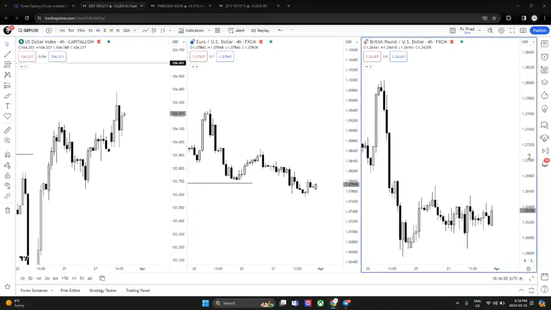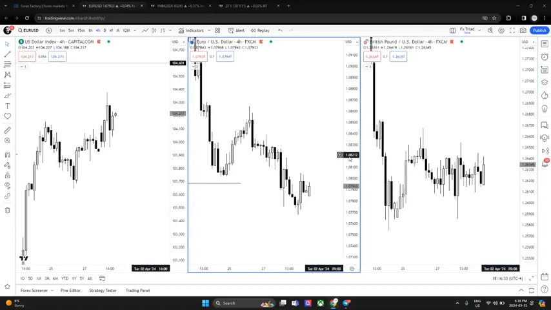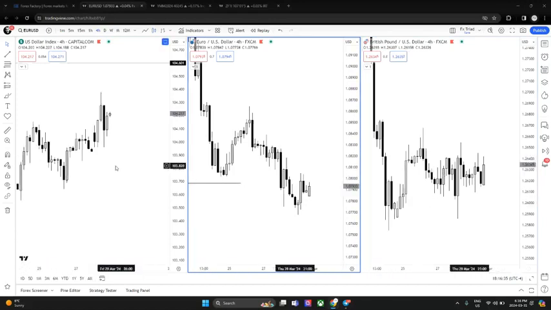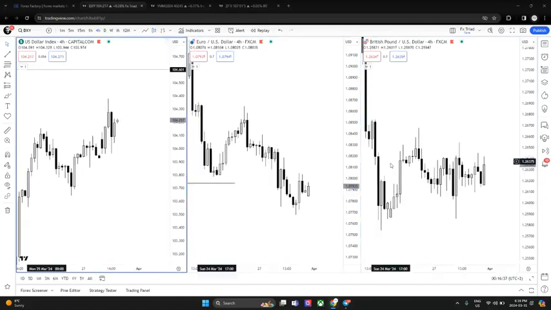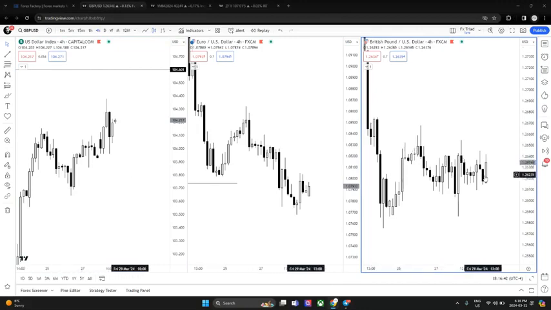If you look, the pound is actually the best thing right now to look at. Why? Because unclear price action always leads to clear price action. So whenever we have price chopping around, that's actually good.